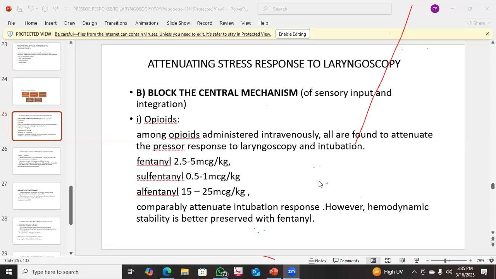I had mentioned it. The dosage is 30 milligrams per kg in 100 ml of normal saline as an infusion 15 minutes before laryngoscopy and intubation. So it actually has a role in obtunding the pressor response to laryngoscopy and intubation. Thank you.